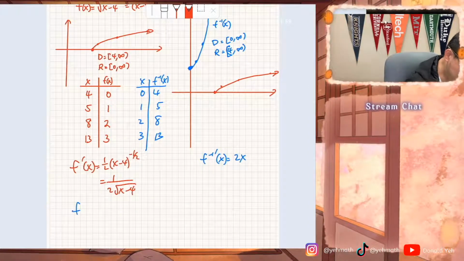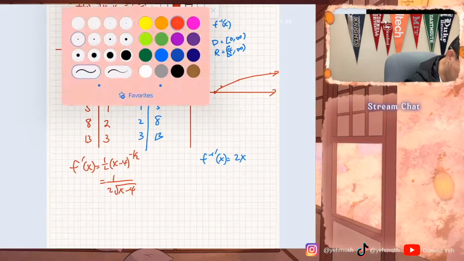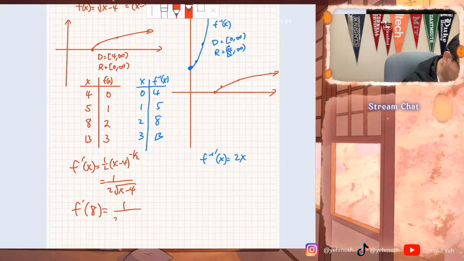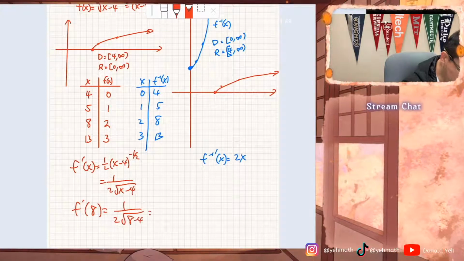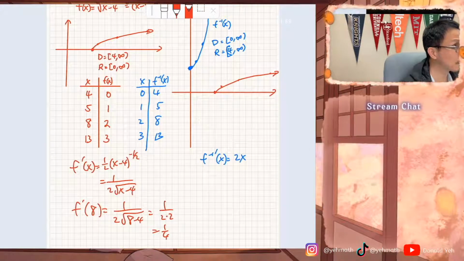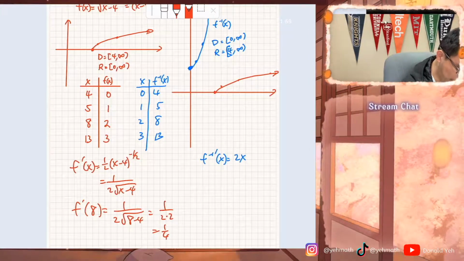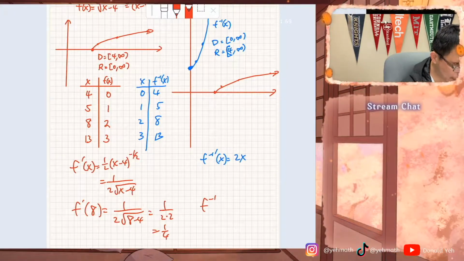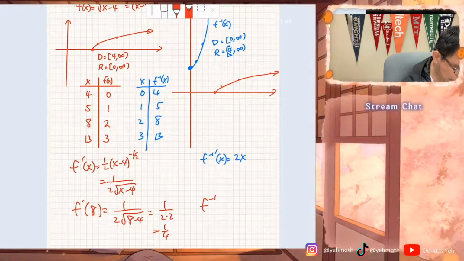F, if I plug in 8, what will happen? 1 over 2 square root of 8 minus 4, right? That's equal to 1 over 2 times 2. That's equal to 1 over 4. Does that make sense? Now I'm going to plug in f prime. Well, instead of plugging in 8, I'm going to plug in 2.